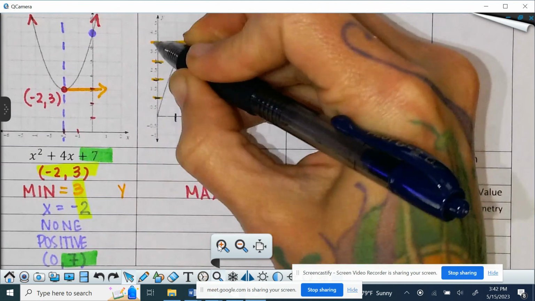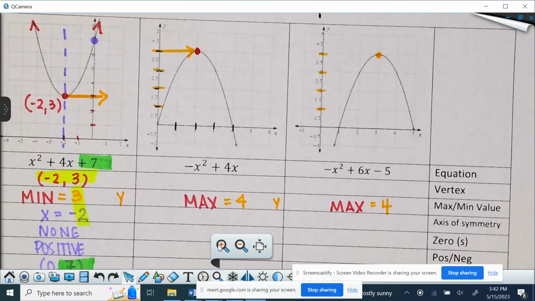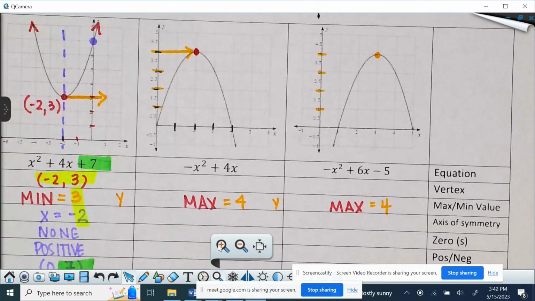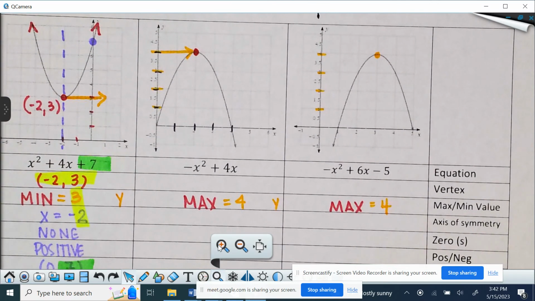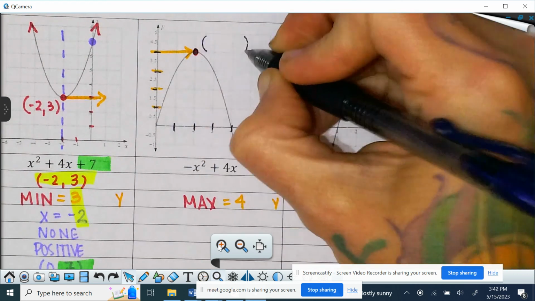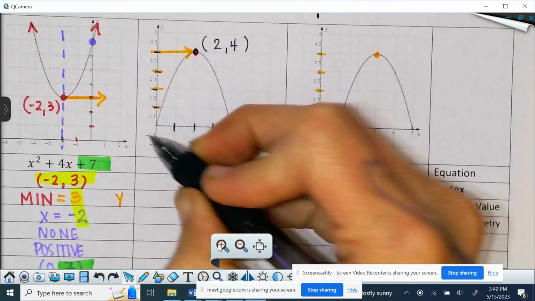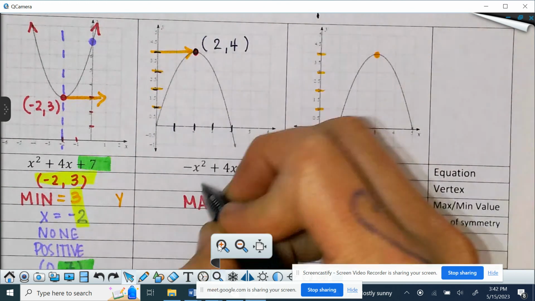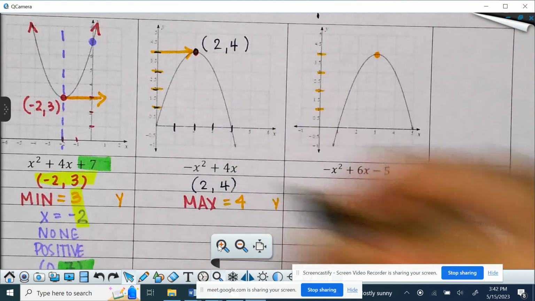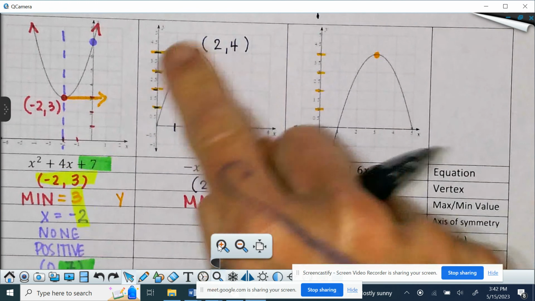So our vertex. Yep, that's the equation we're looking at, negative x squared plus 4x. The vertex, which is this point here, is how many to the right? Yep, 2, 4. Perfect. 2 to the right, 4 up. So our vertex is positive 2, 4. Our max is the y value of our vertex because he has maximum problems. He's sad. So that's that 4.